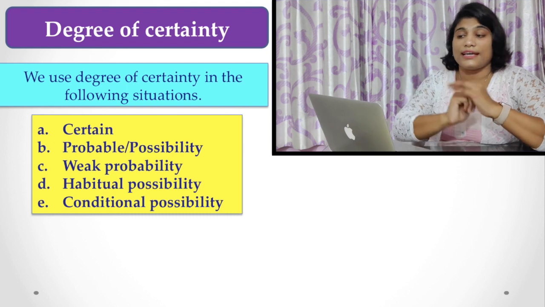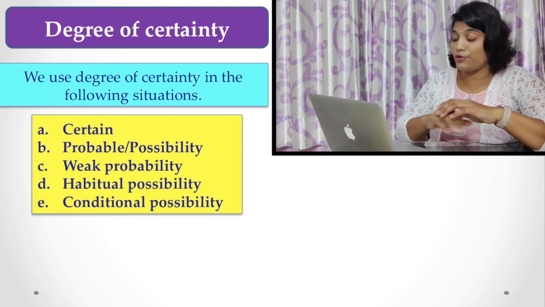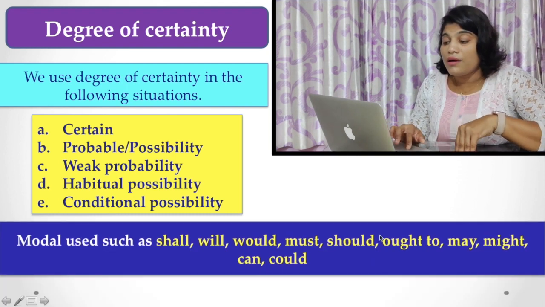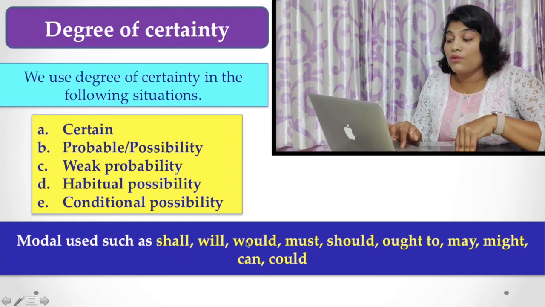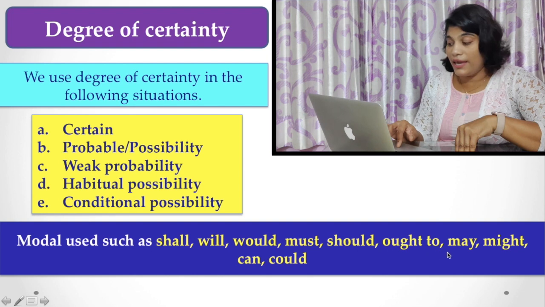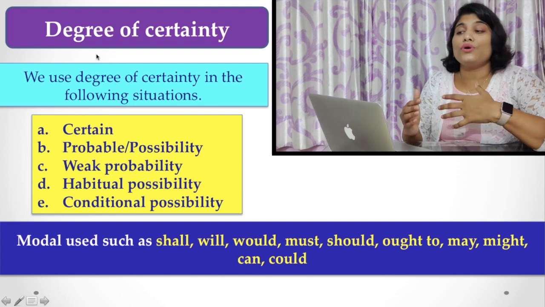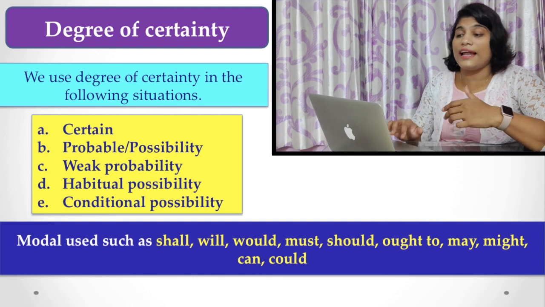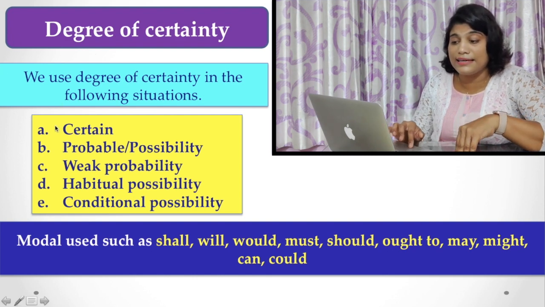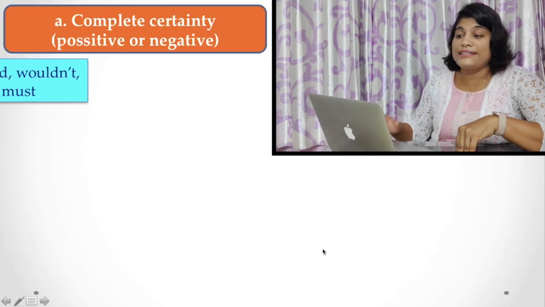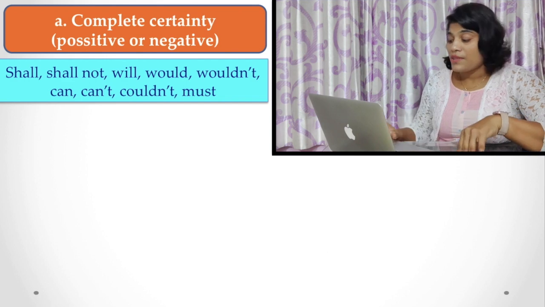In all these cases, we have to use the modals like shall, will, would, must, should, ought to, may, might, can, and could. So in order to express the degree of certainty, in these five cases, you have to use these modal verbs.